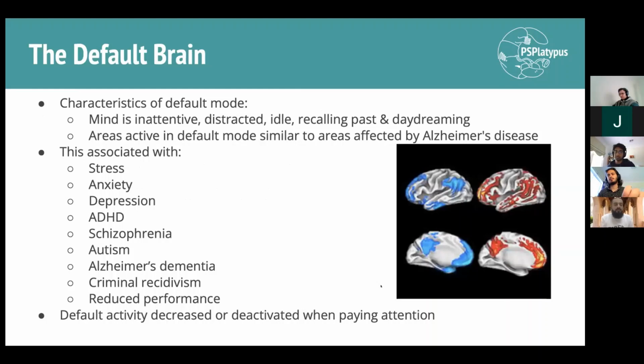Also, we have something called the default brain, or the default state, where our mind will be inattentive, distracted, and daydreaming. And it has been noticed that the areas that are active in default mode, we can see them in blue here, are very similar to the areas affected by Alzheimer's disease, which you can see in the red color here.